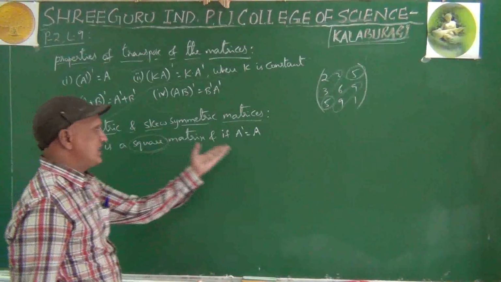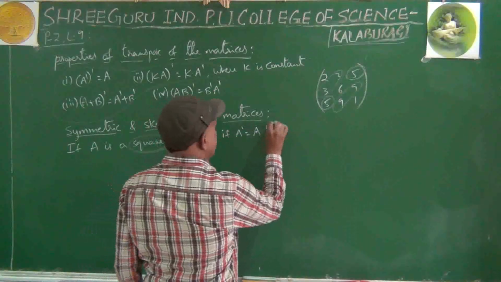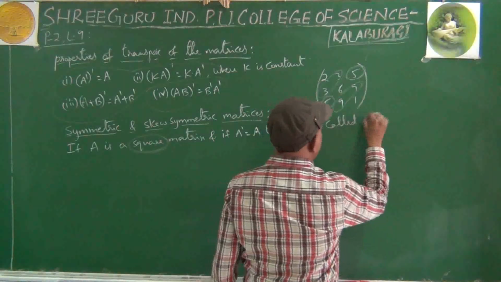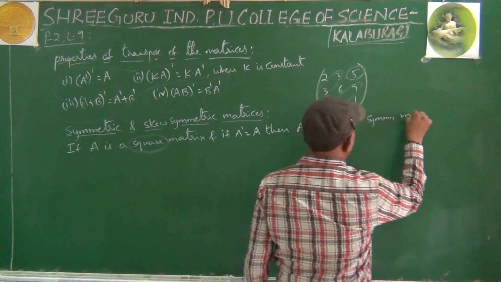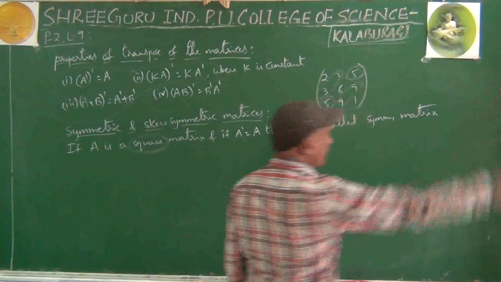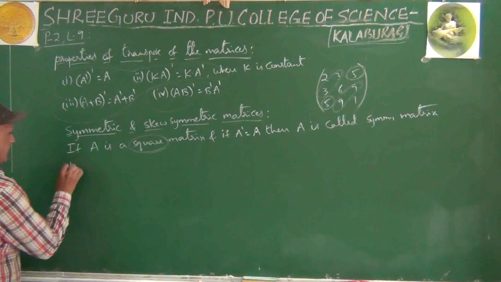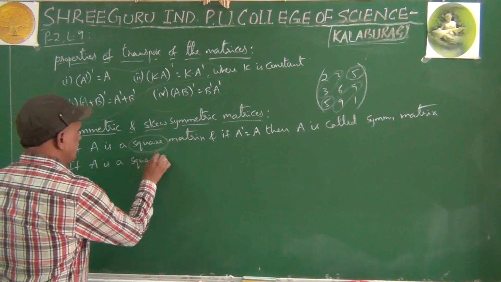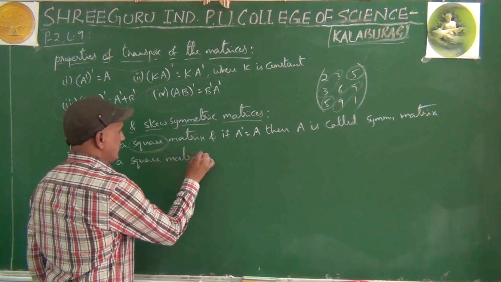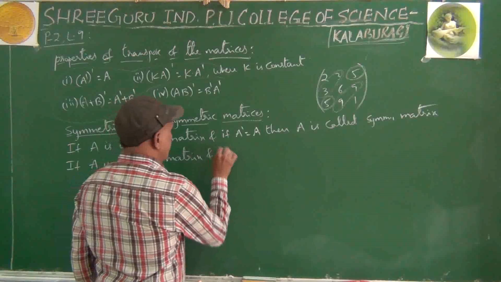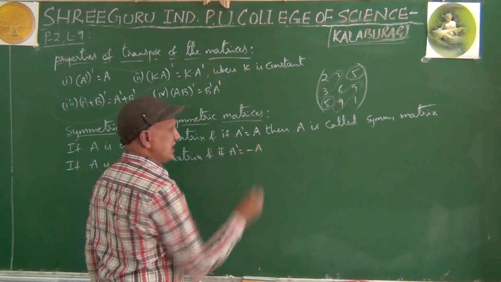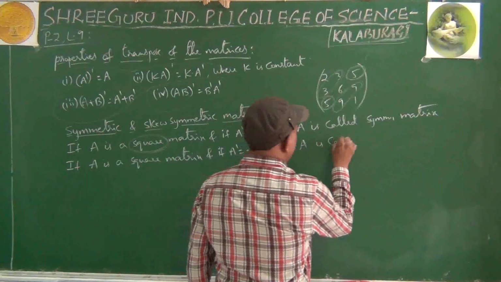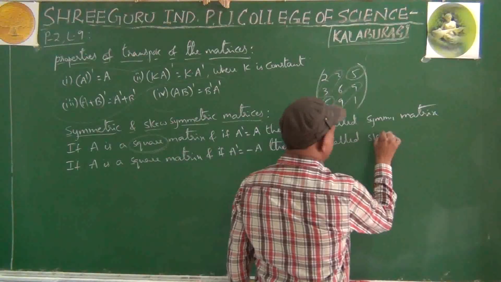If A is a square matrix and if A dash equal to A, then A is called a symmetric matrix. Okay? If A is a square matrix and if A dash equal to minus A, then A is called a skew symmetric matrix.